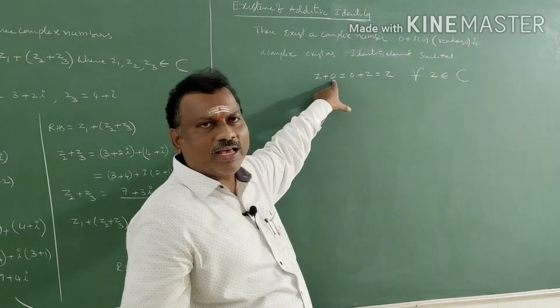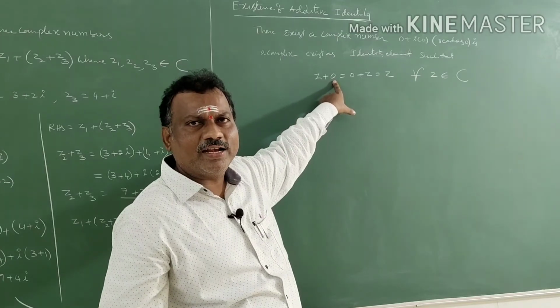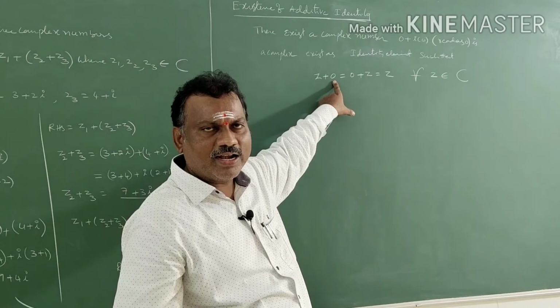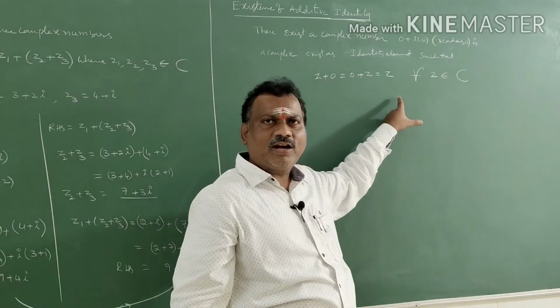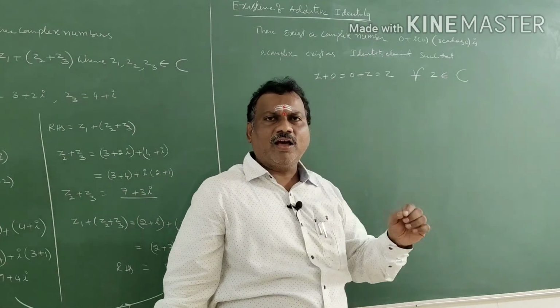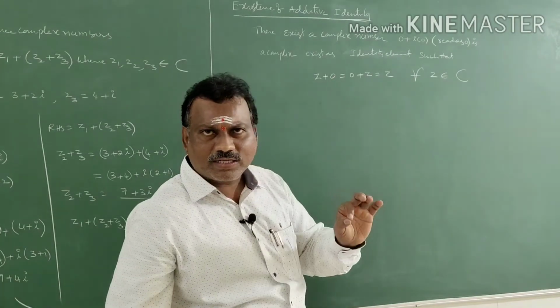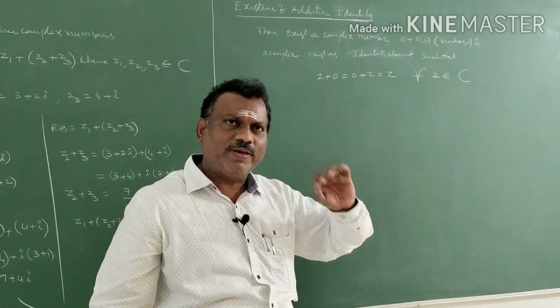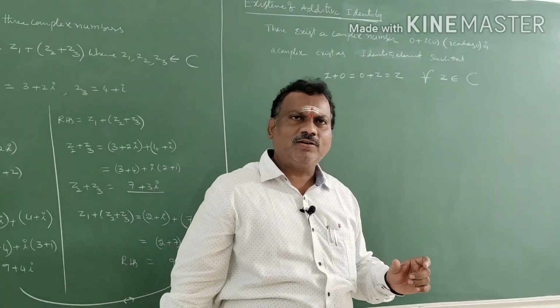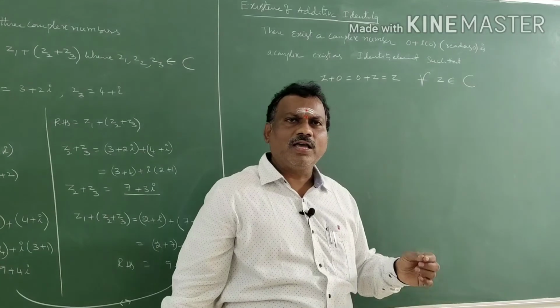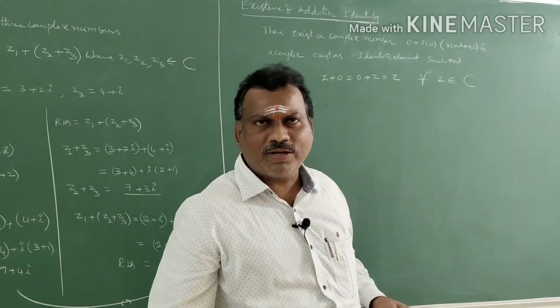This 0 is the additive identity. Clear, students? It is called additive identity, and this total law is called the law of identity. Now we have to check that this 0 is in the complex number system. Yes, I told you at the beginning itself, 0 has real part 0 and imaginary part 0.